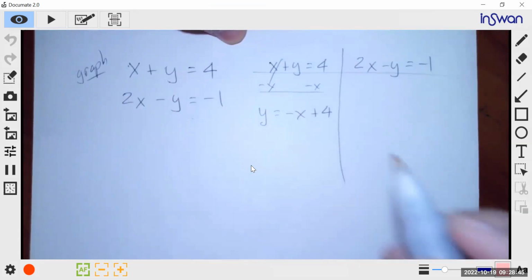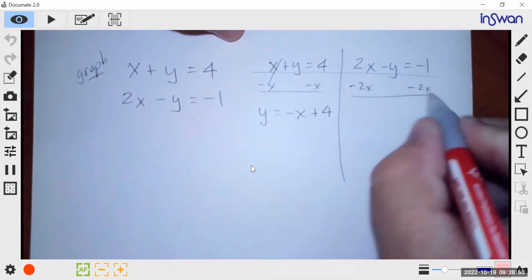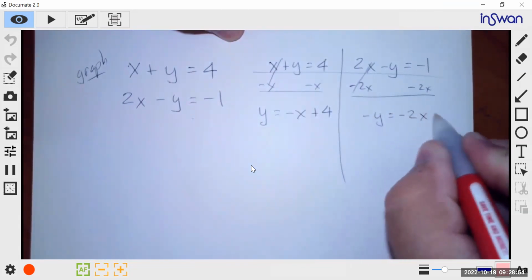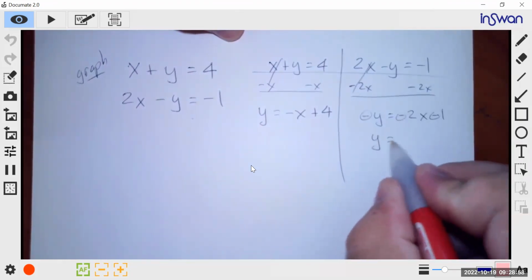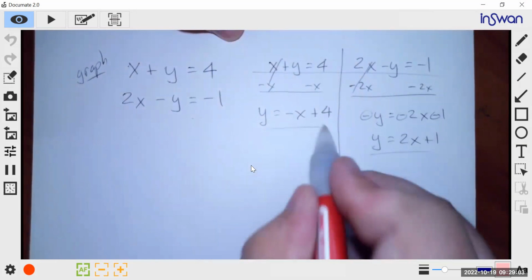There's line 1. Since there's a negative in front of y, change all the signs. There's line 2.